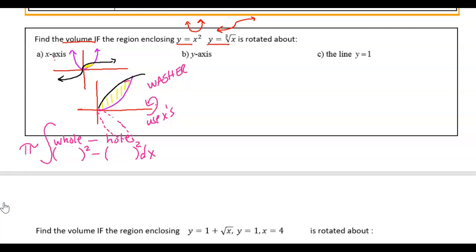So on my whole, what I do is I don't worry about anything under the x-axis. Because it's a radius, I just look at the original region that was sketched. And so the whole, it always goes to the axis of rotation. So on my whole, I would take this rectangle. So that's my whole. So it's top minus bottom.